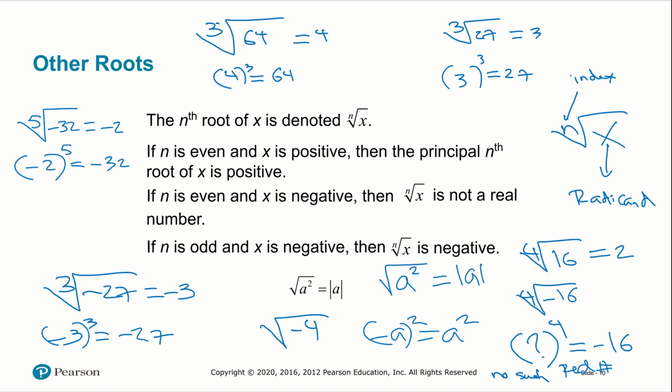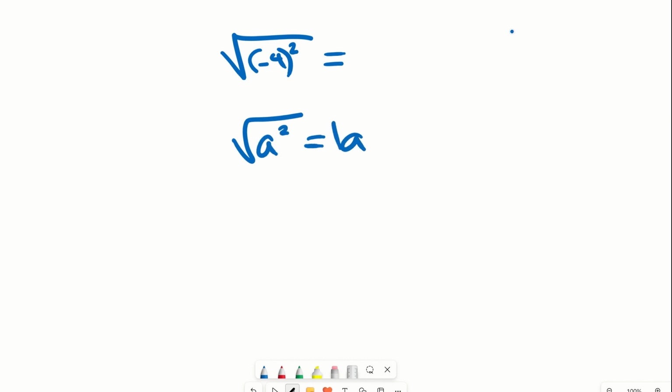So now, if we see an expression like, let me go to a new page so it doesn't get too crowded here. Okay, so when I see, for example, the square root of negative 4 squared, I know that according to this rule, which says the square root of a squared is the absolute value of a, that's going to be the absolute value of negative 4, which is 4.